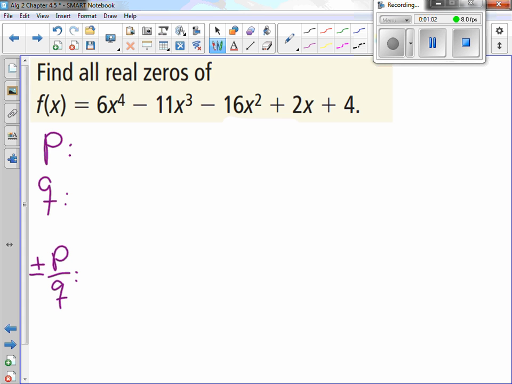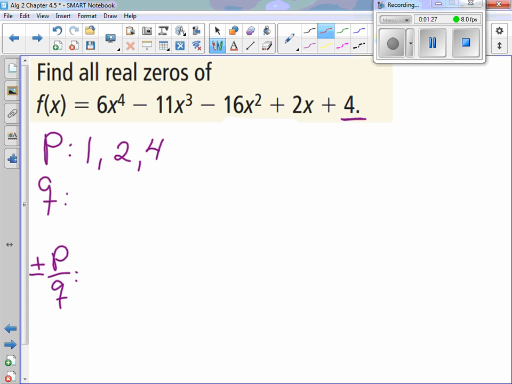So if we look at this one here, our constant term is 4. So we need to list the factors of 4. Well, we have 1 and 4, and 2 and 2. Now we're only going to list 2 once because we don't need to list it twice. So 1, 2, and 4 are all the factors of 4.